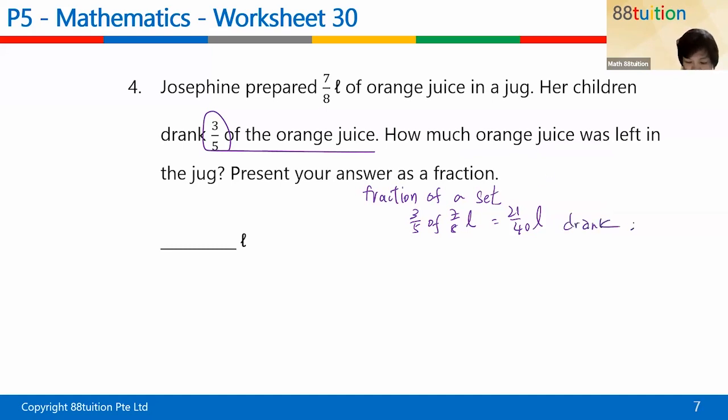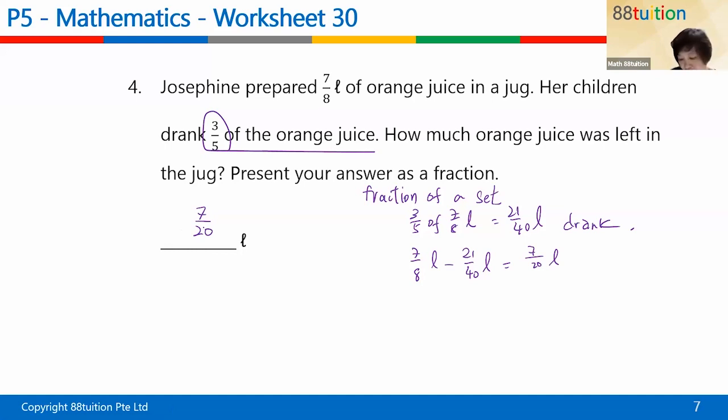Drunk it up already. So now the thing is, you need to minus away from here. So 7/8 minus 21/40, you should be left with 7/20.